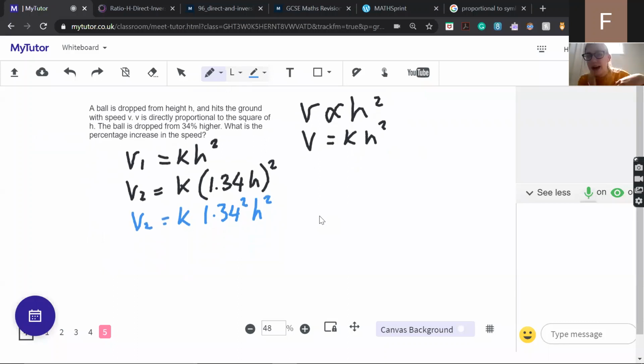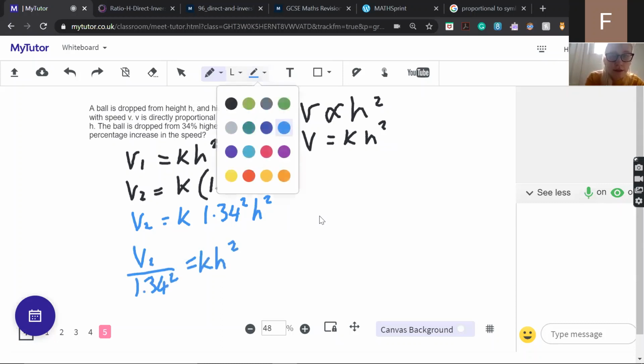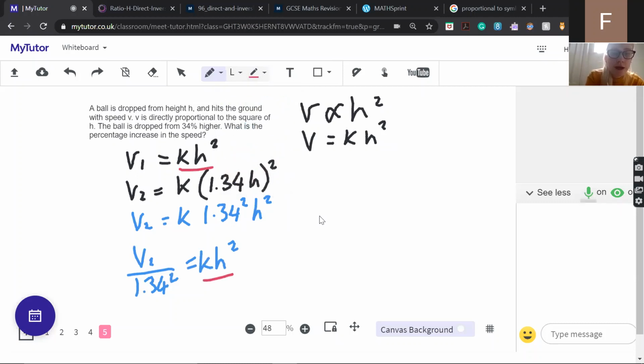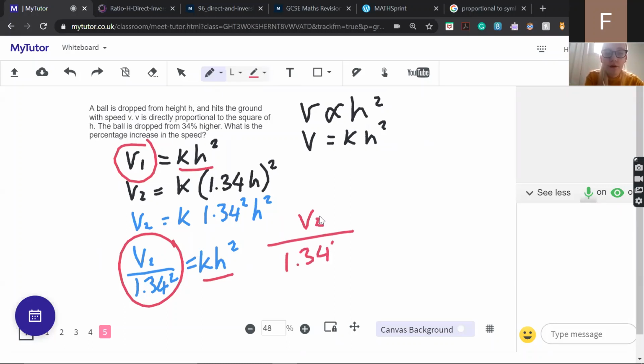I'm not bothering to work it out yet because we don't really need to until the end. So V2, our new velocity, divided by 1.34 squared equals kh squared. And now lovely, these two are equal. So we can set these two things in the circles equal. So V2 over 1.34 squared equals V1.